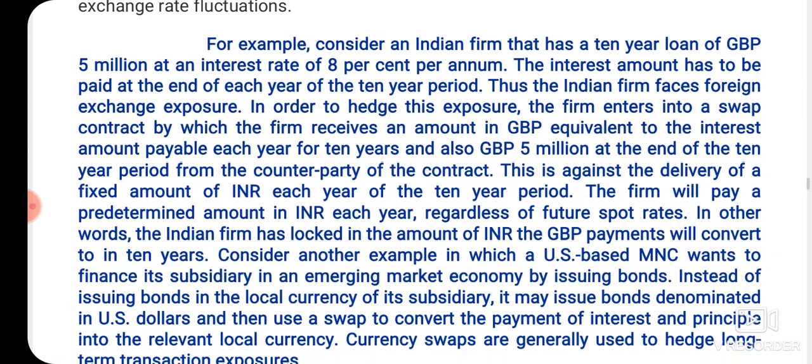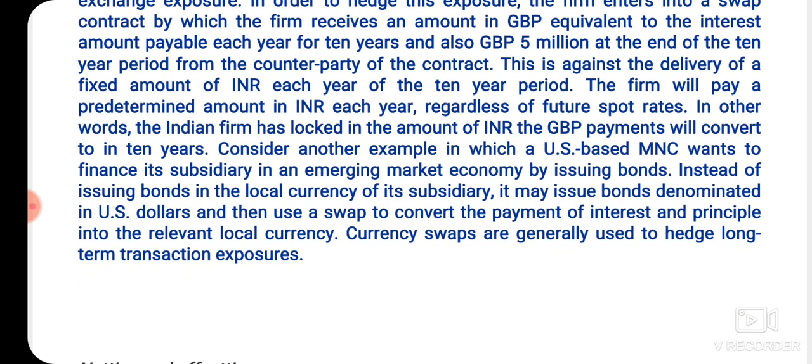After entering this swap agreement, they receive the amount of Great Britain pounds equivalent to the interest payable each year for 10 years, and also GBP 5 million at the end of the 10-year period from the counterparty of the contract. This is against the delivery of a fixed amount of Indian rupees each year of the 10-year period.